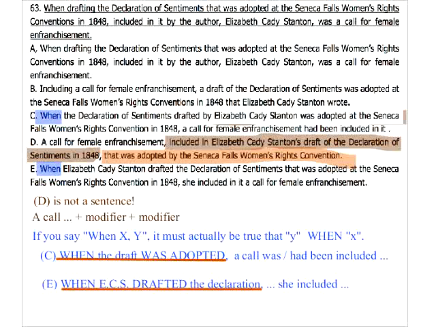Well, that's actually when she did it. This is precisely the time when she included the call: when she drafted the declaration. That's exactly when she did that. So, right.